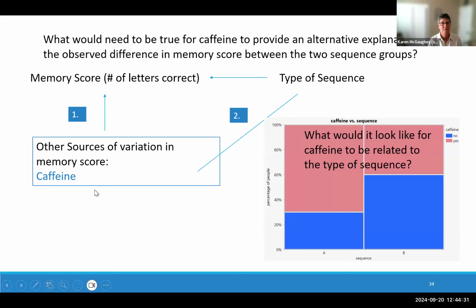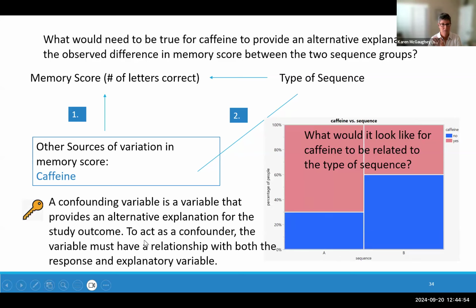Well, if consuming caffeine helps with memory, we have a higher proportion of people on sequence A who have consumed caffeine. So maybe that's one reason why that mean was 9.17 compared to the mean of 8.27 for sequence B. And so this is that idea of a confounding variable.